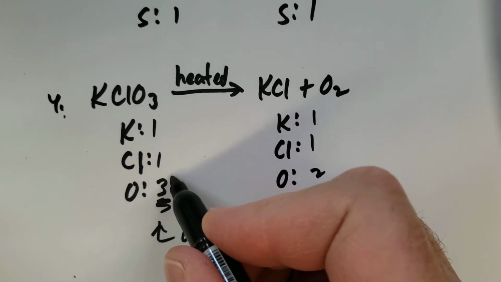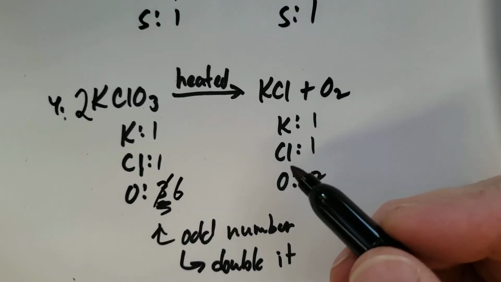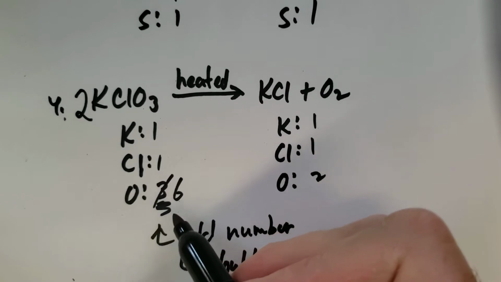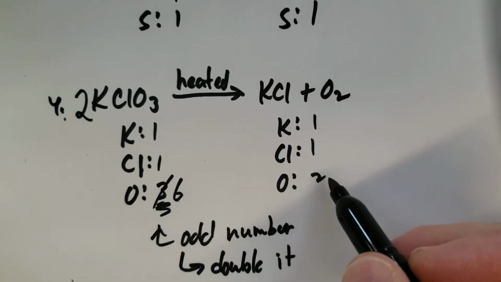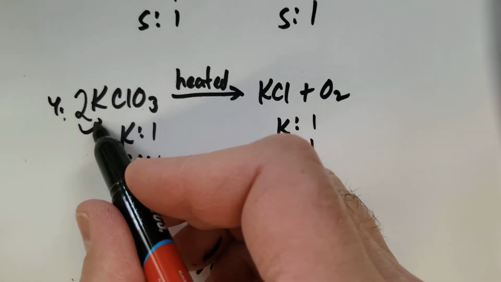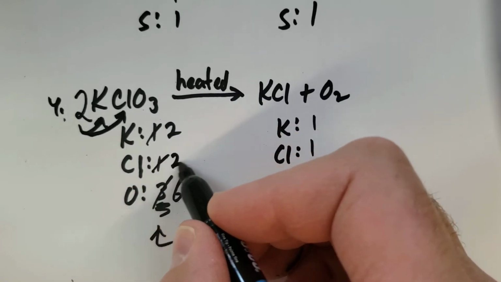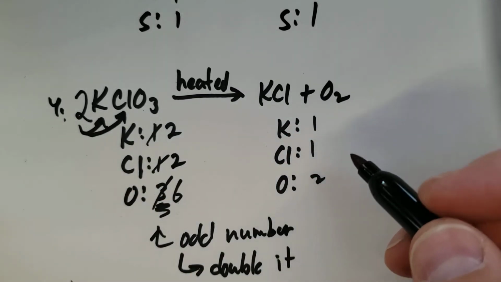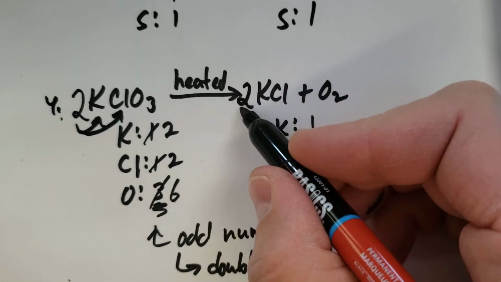If I double 3, because I can do it, I get 6. What you're doing is making that odd number even, and whatever we do to this 2 here, it's going to be an even number as well. So here we have 2 Ks, and we'll have 2 Cls. 2 times 3 is 6. So now we should be able to insert coefficients here.